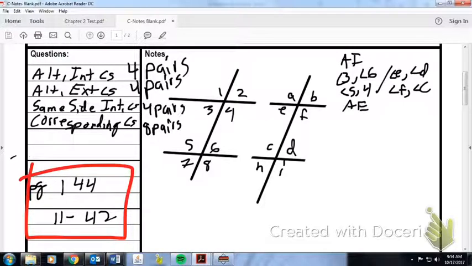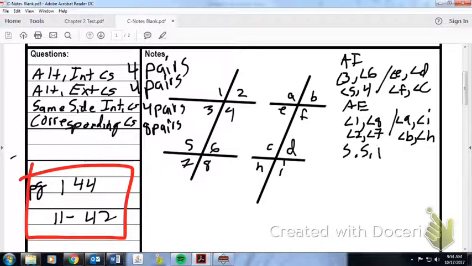Again, we're going to have 4 of them. Angle 1, angle 8, angle 2, angle 7, angle A, angle I, angle B, angle H. Okay, so I know that I skipped a G, but I really just wanted to be able to write I down there. Okay.